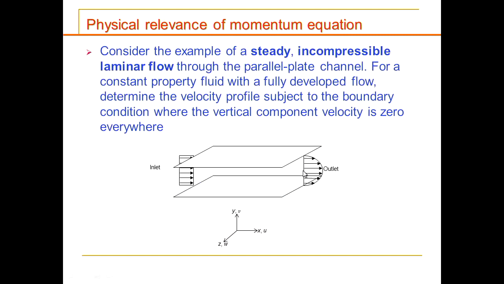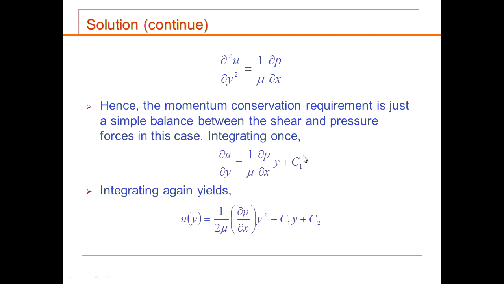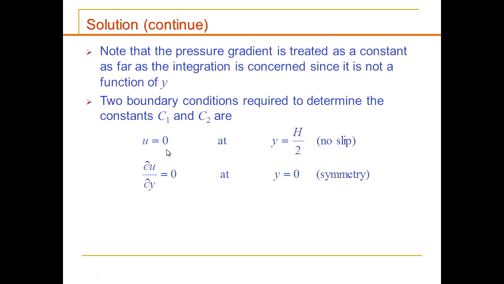If you take the middle as the origin point, then half of the channel, h divided by 2, is where you hit the wall. Then u equals 0 at y equals h divided by 2, or u equals 0 at y equals minus h divided by 2. That's your no-slip wall boundary condition.